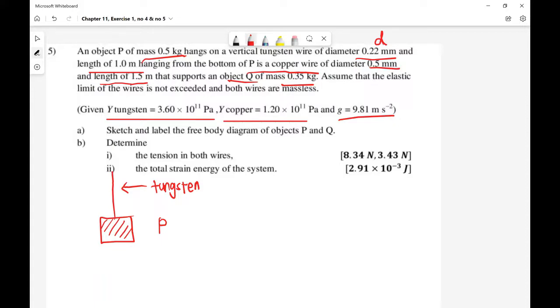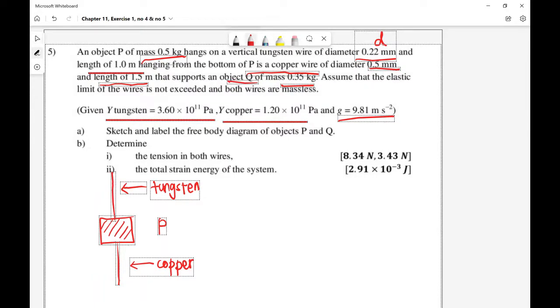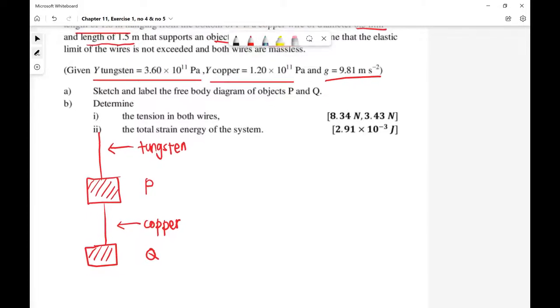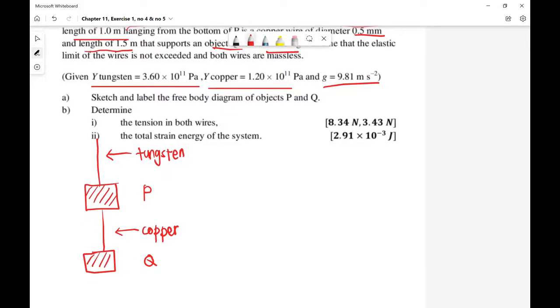So kat bawah P ni ada copper wire, and then that supports an object Q. So kat bawah copper wire ni ada objek Q. Alright, so dia macam ni lah: tungsten, objek P, copper wire, and objek Q. Sketch and label free body diagram of object P and Q. Sekarang ada dua objek, jadi akan ada dua free body diagram.